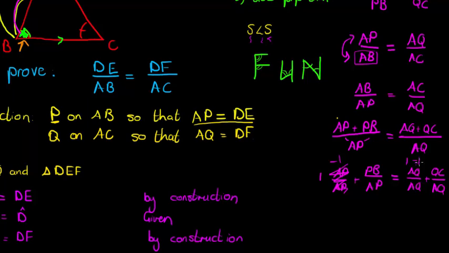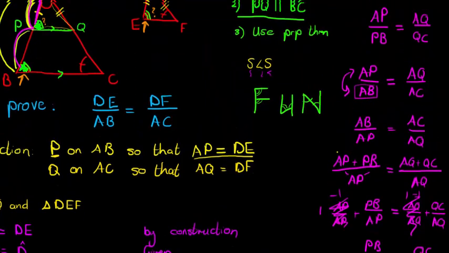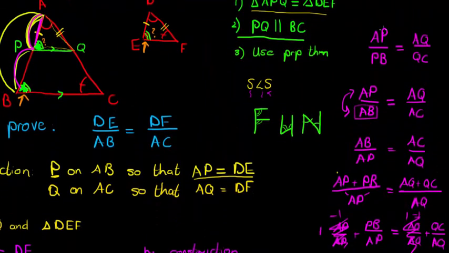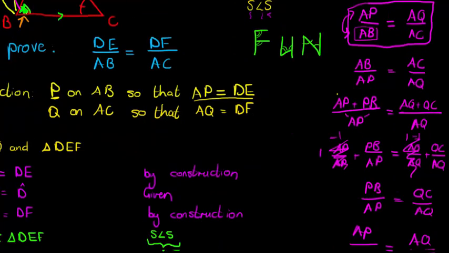So I have PB over AP is equal to QC over AQ. And if I flip them around again, AP over PB is equal to AQ over QC. And that's what I wanted to show: if this is true, this is also true.